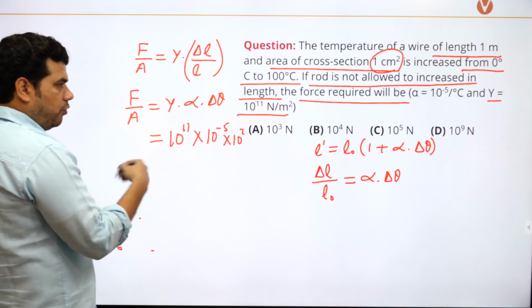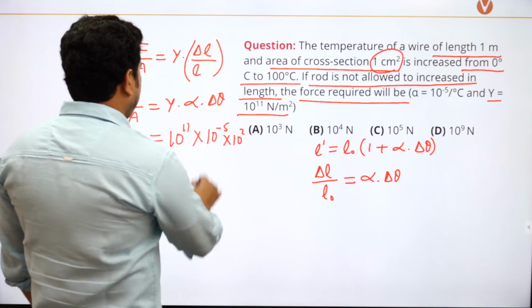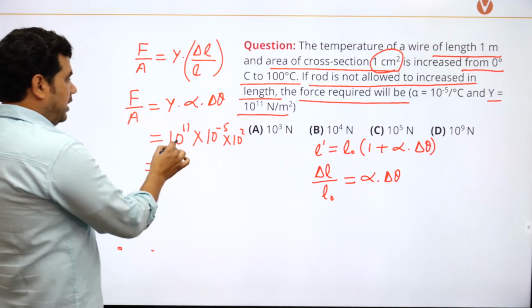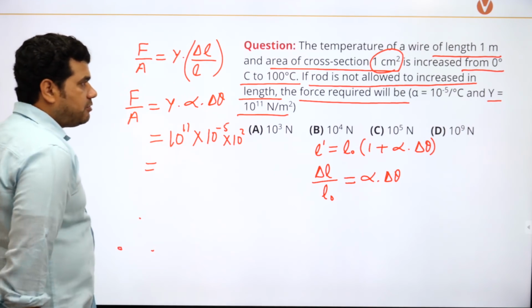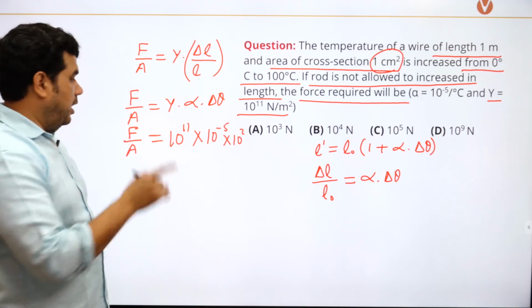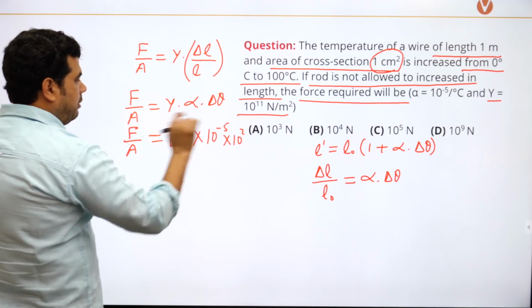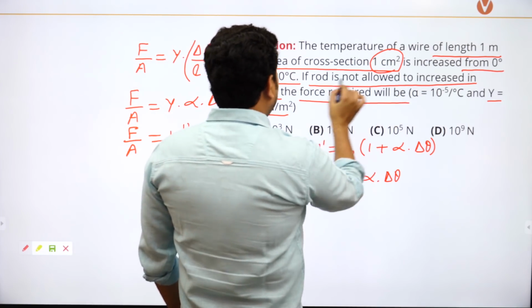Okay, now what is the answer? F upon A is 10 to the power 11 into alpha, 10 to the power minus 5, into delta theta, 10 to the power 2. What we have to find is the force.